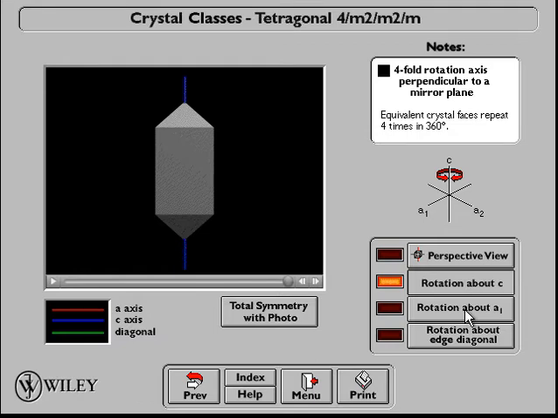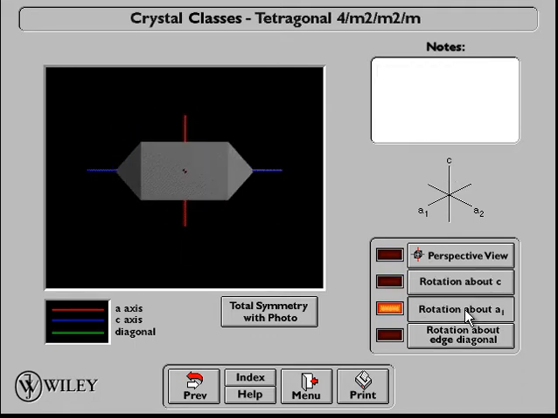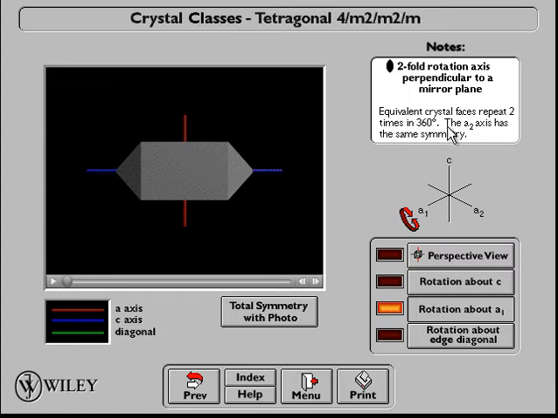Then we are making a rotation about A1, and we can also make a rotation about A2, but it looks the same. So that means we have here the rotation about A1. A1 is this face here. There we have a twofold rotation axis perpendicular to a mirror plane, that is this one. Equivalent crystal faces repeat 2 times in 360 degrees.